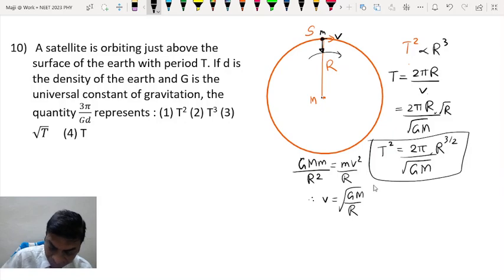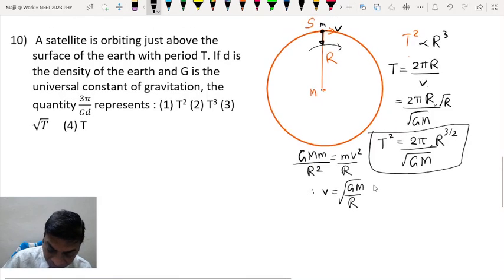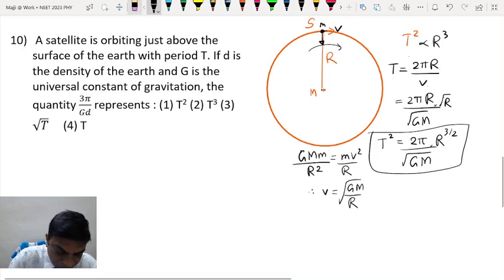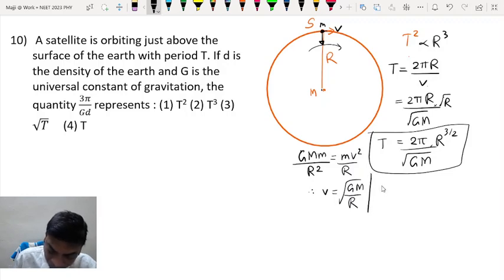Now you can correlate this. Let us square both sides so that we can write T square as 4 pi square by GM into r cube. This is Kepler's third law.